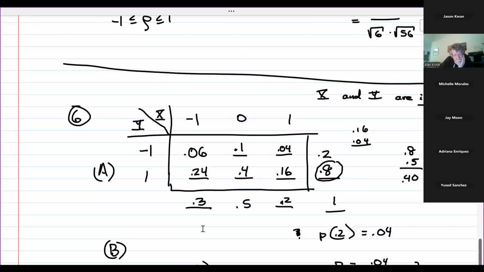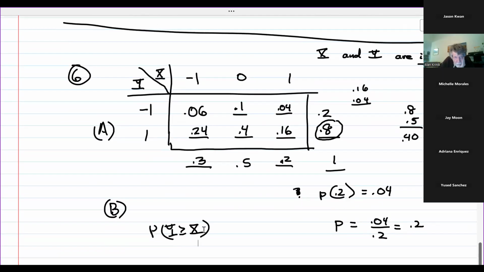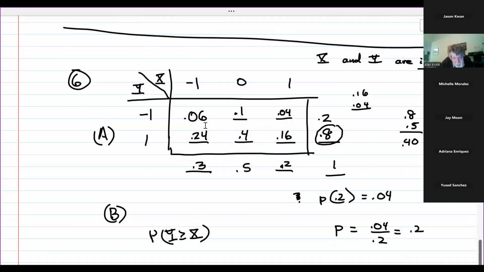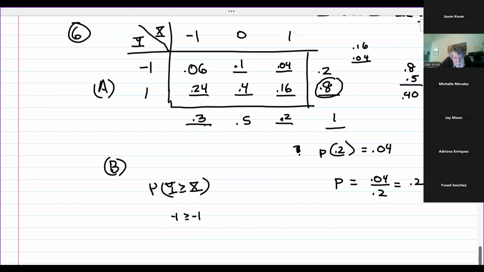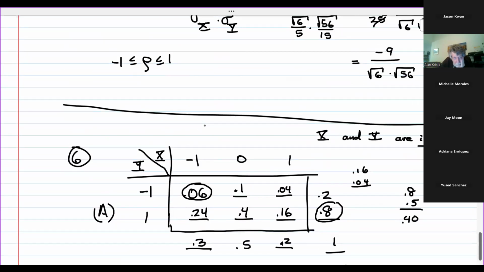Well, from the table, let's see. When is Y greater than or equal to X? If they're both -1, then this would be true. Why? Because -1 is greater than or equal to -1. And the probability of that happening is this. Is Y greater than or equal to X when you're looking at -1 and 0?